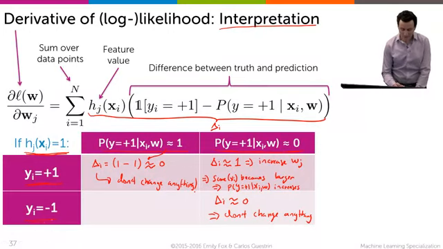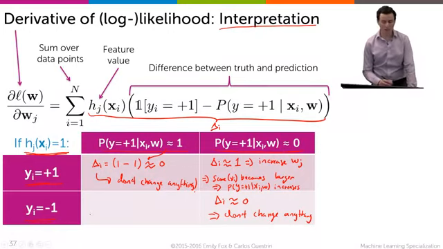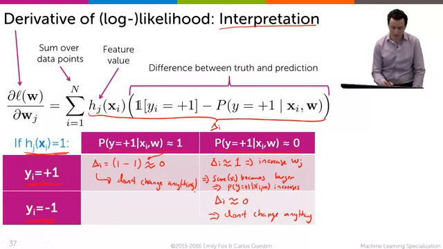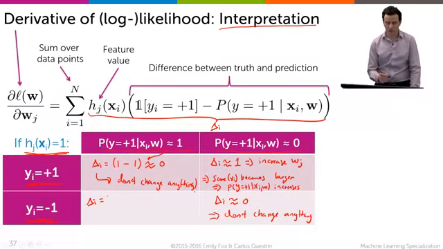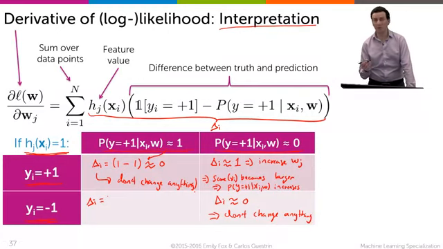However, in the case where the data point were negative, but the prediction I made was that it was a positive data point, then delta I would be the difference between the indicator, which in this case is 0, and the probability, which is approximately 1.